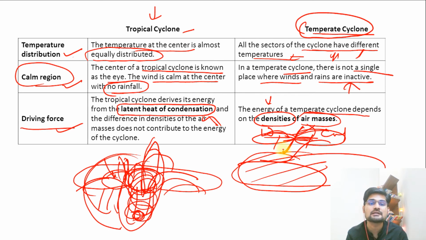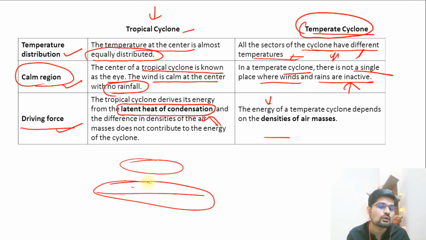So this is important in terms of the comparison of tropical cyclone and temperate cyclone on the basis of these parameters that we have discussed. If you understand this comparison, it is important to note that these are certain parameters on which these vary. Importantly, not just that one is in the tropics and the other is in the temperate belt.